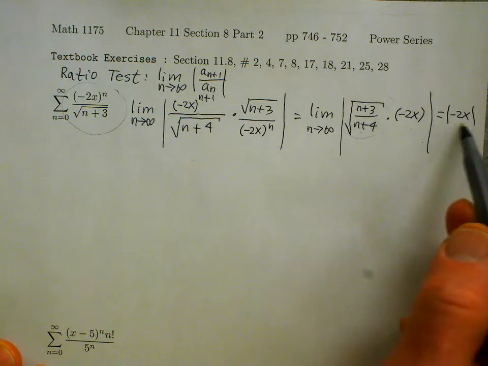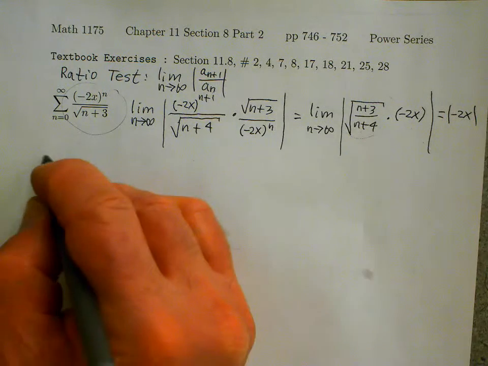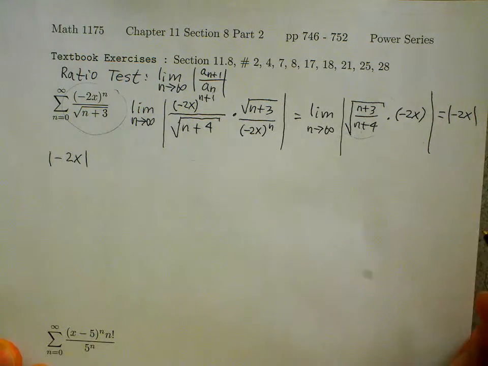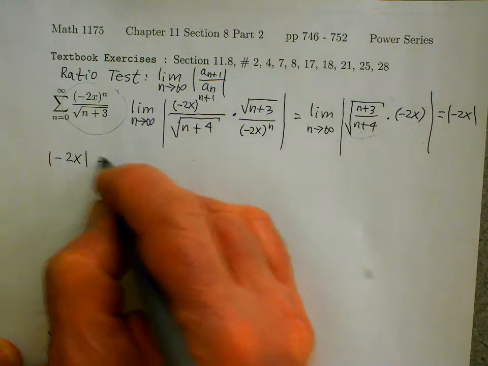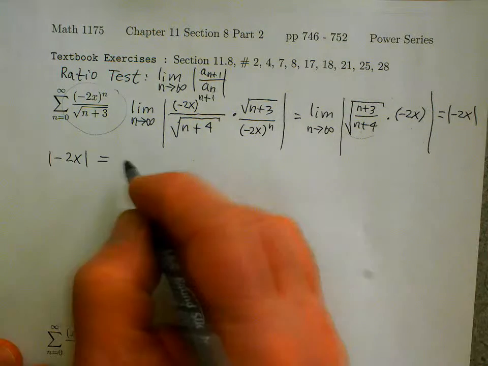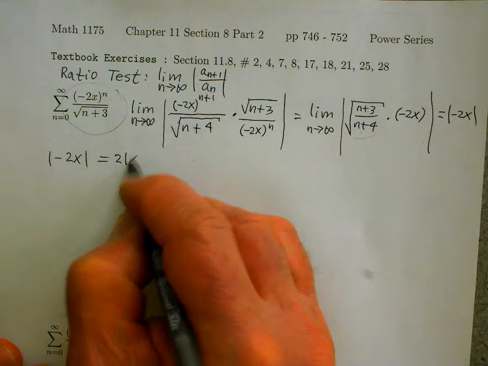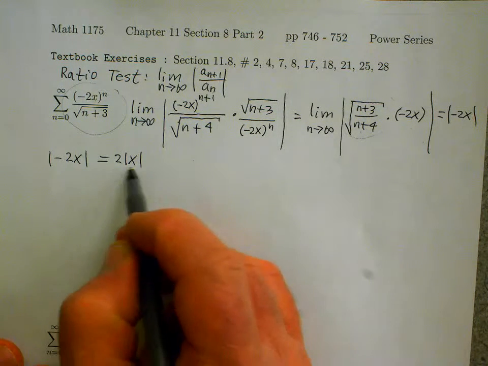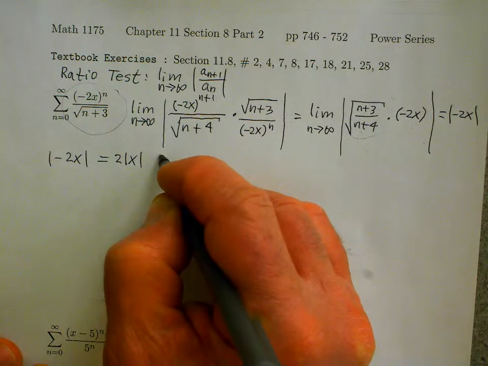So we want this limit, the absolute value of negative 2x, which is just 2 times the absolute value of x, right? And so 2 times the absolute value of x, we want that to be less than 1.